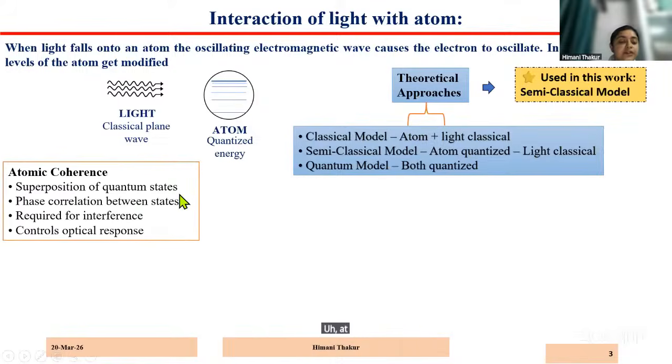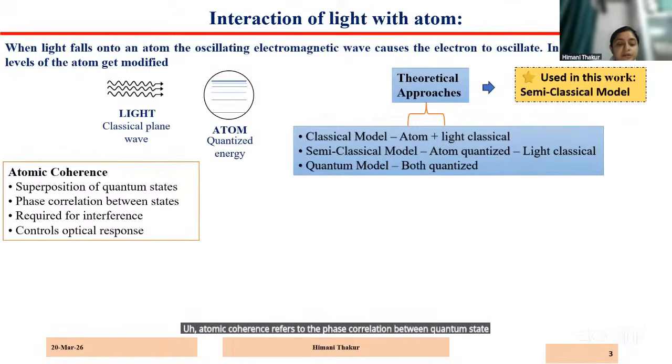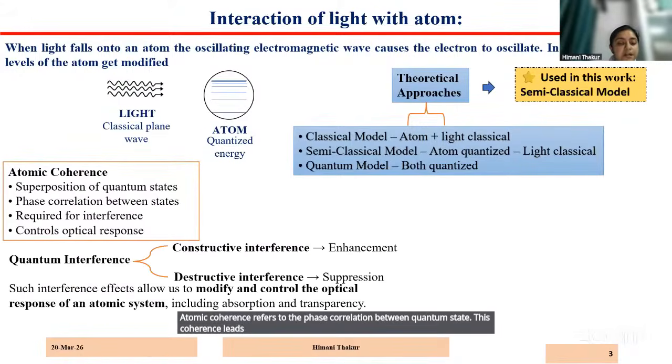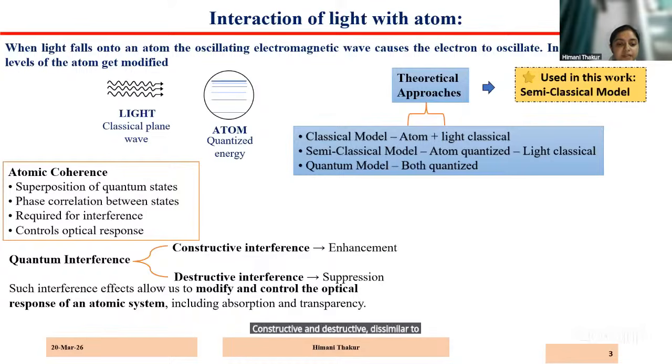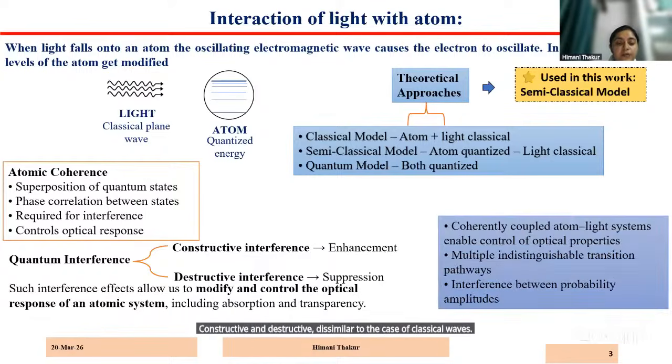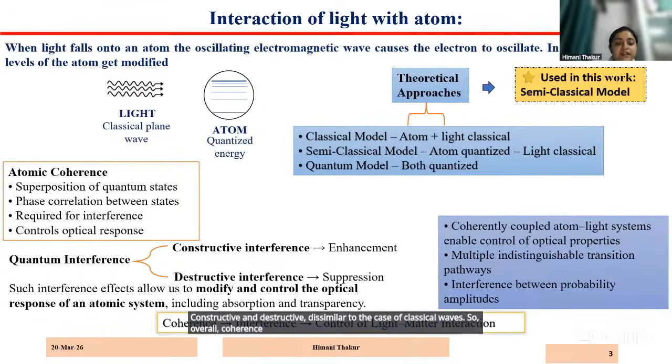Atomic coherence refers to the phase correlation between quantum states. This coherence leads to quantum interference, where multiple transition pathways interfere with each other, and the interference can be constructive or destructive, similar to classical waves. So overall, coherence enables interference, and interference allows control of light-matter interaction.